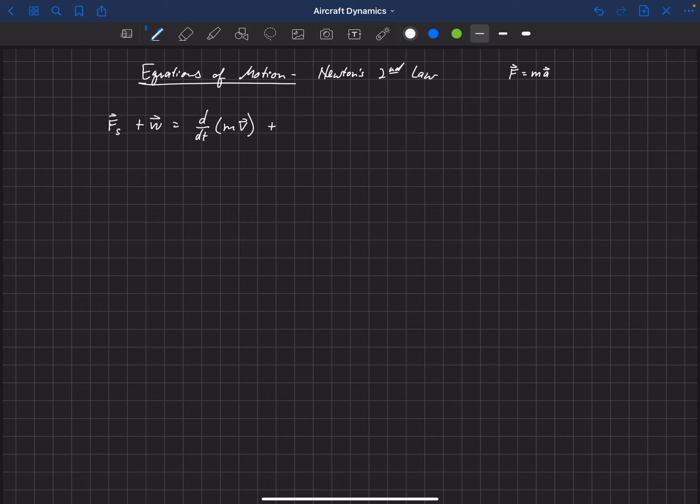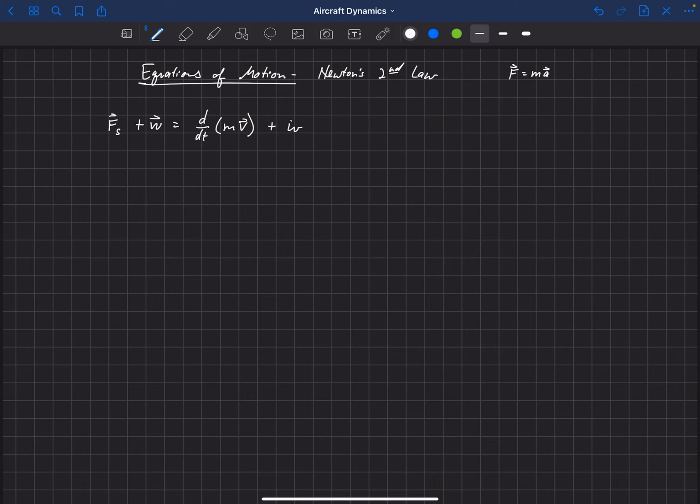And then we actually end up with one other term over here, which is kind of a fictitious force. It's sometimes called Coriolis forces. And this is a force that appears on our object because it's accelerating relative to a different inertial coordinate system, okay?